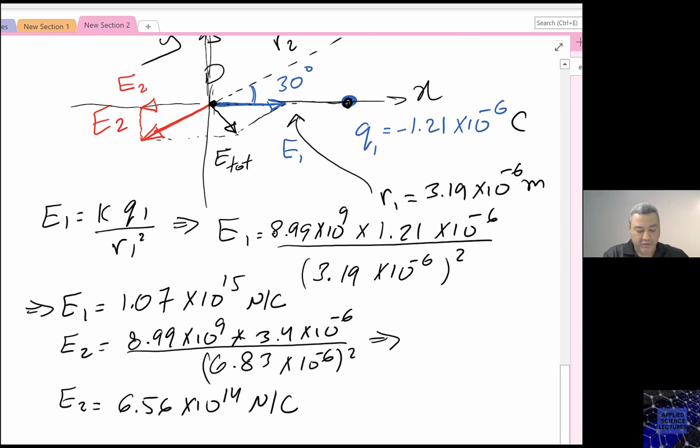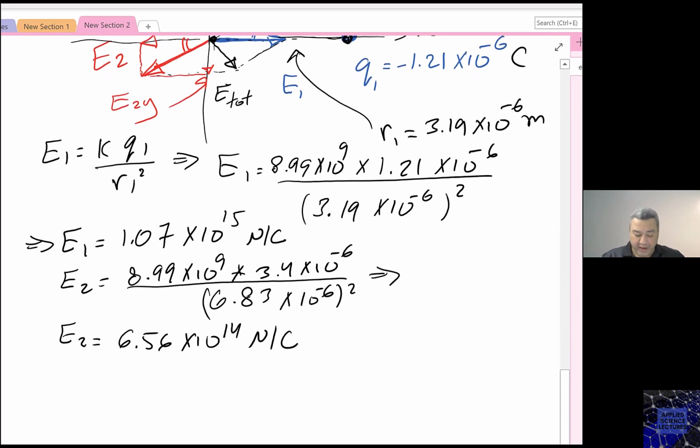It is E2x, and also projected on the y. It will be E2y. So the angle here is 30, and this also is 30 degrees.